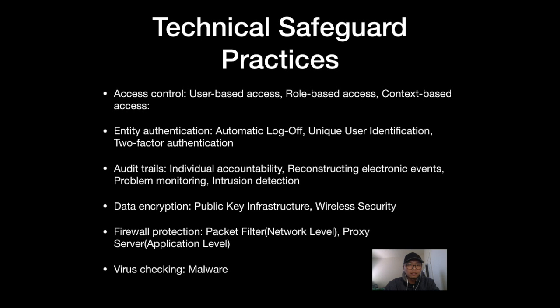Entity authentication controls who gains entry to a healthcare information system, only when there is a system for ensuring the identity of the individual attempting to gain access. An audit trail is a record showing who has accessed a computer system and what operations he or she has performed during a given period of time.